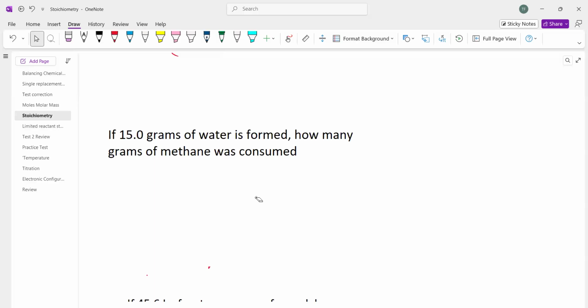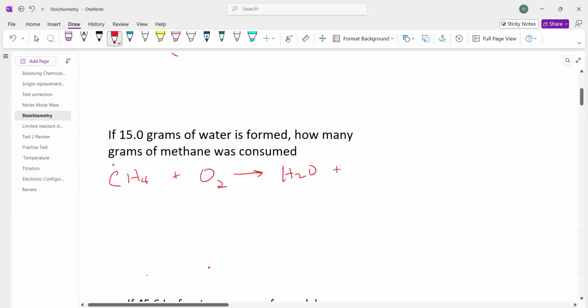And here, I'm going to give you the equation. Unbalanced, but I'm going to give you the equation. So methane is CH4. We're burning it in oxygen. That gives us water and carbon dioxide.